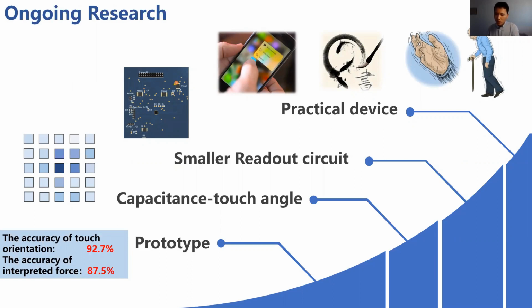In addition, the volume and power consumption of the reading circuit are also important factors that limit practical applications. Therefore, in the future, we will focus on miniaturizing the reading circuit and reducing power consumption to meet the needs of practical applications. We hope to share our research progress with you here next year.